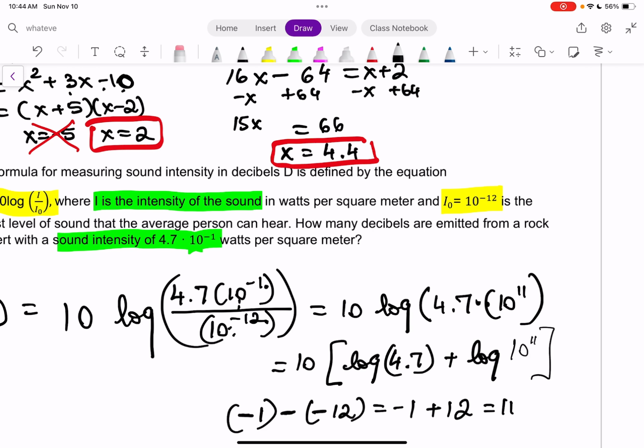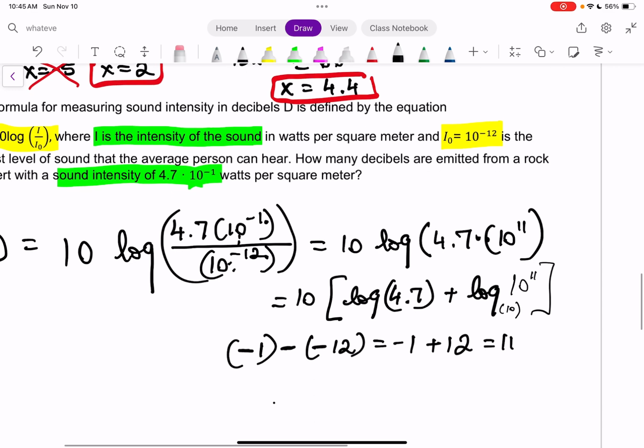And now if you remember, the common log which we're using here is a log with base 10, and log with base 10 of 10, they go away. So those cancel into an 11. So that's what you would have to only type in your calculator.